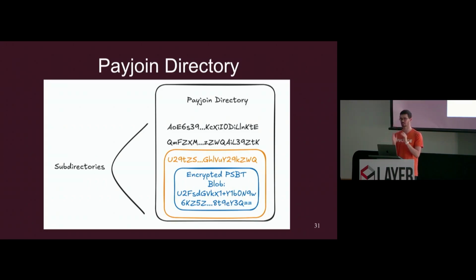So these are just plain old public keys, and these public keys are used as identifiers for the sender to know where the receiver wants them to do the Payjoin. And you can see inside of one of these subdirectories, all it is is like a buffer, like a placeholder to hold the encrypted PSBT blob while the Payjoin communication protocol is happening.